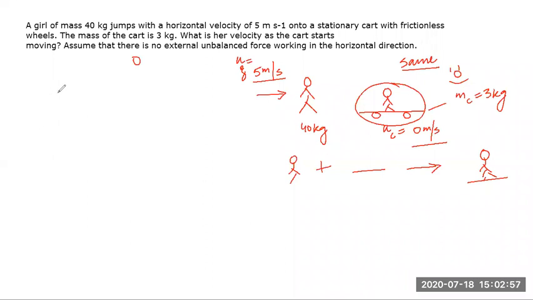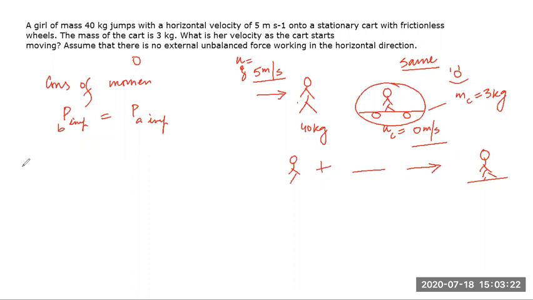We will apply conservation of momentum. What does it say? Total momentum before the impact is equal to total momentum after the impact. Now students, before the impact, what is the momentum of the girl?